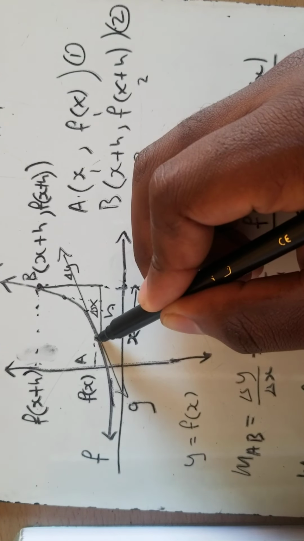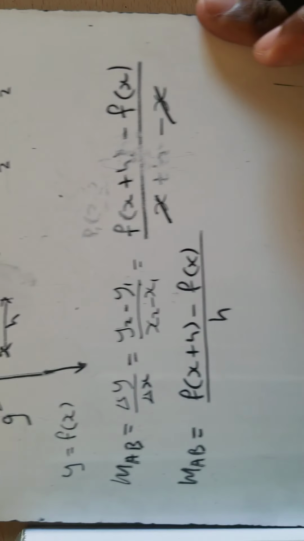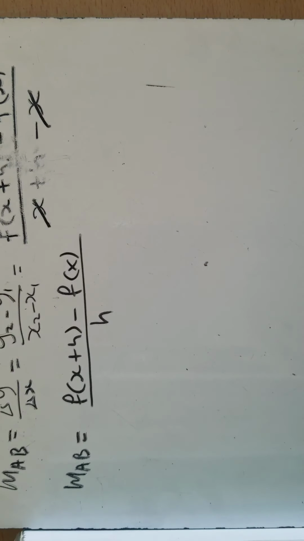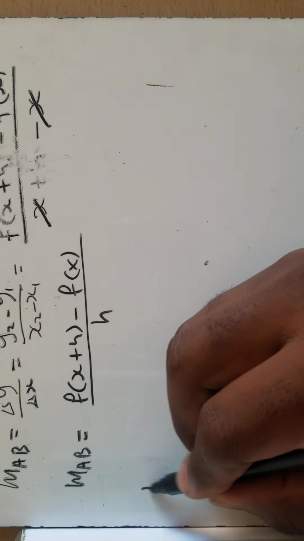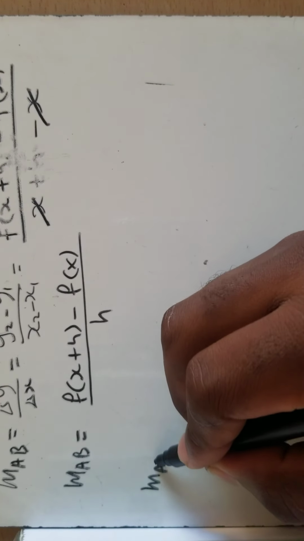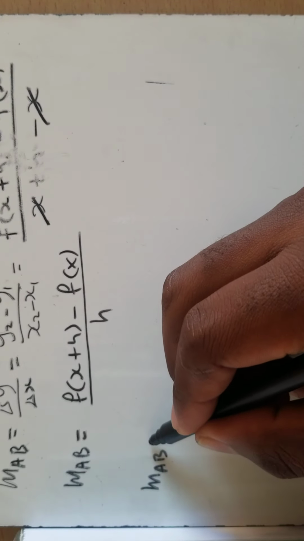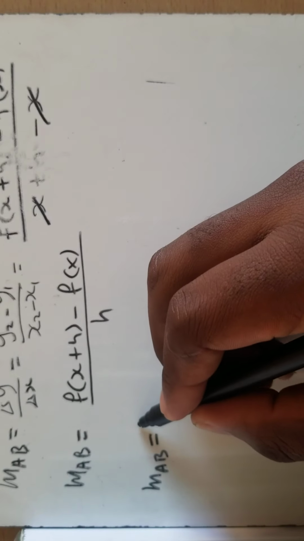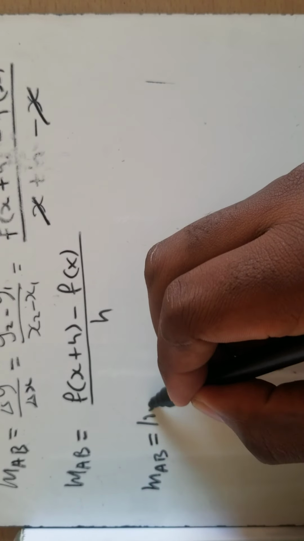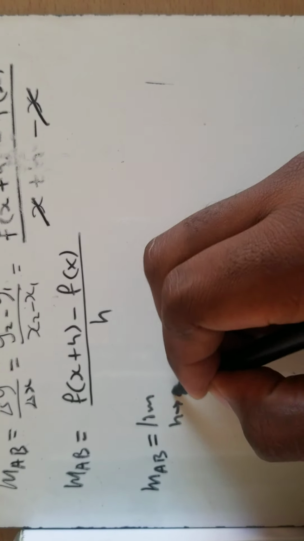It will be approaching this point. So which therefore means we need to agree that our gradient of A, B should be limited by putting limits as h approaches 0.